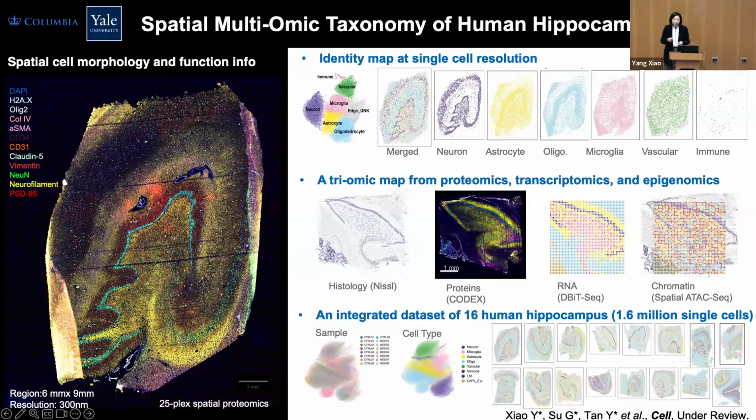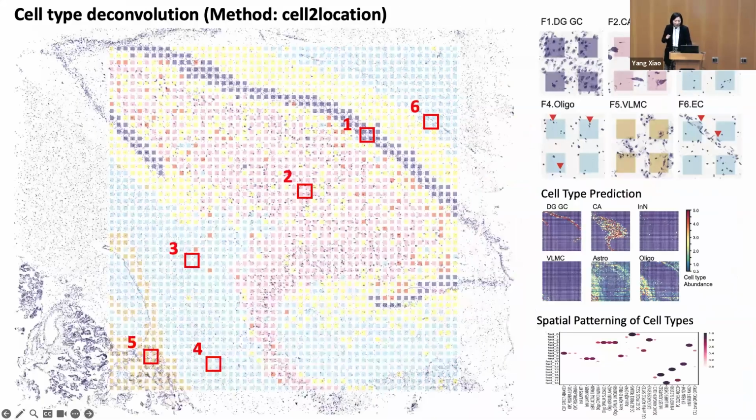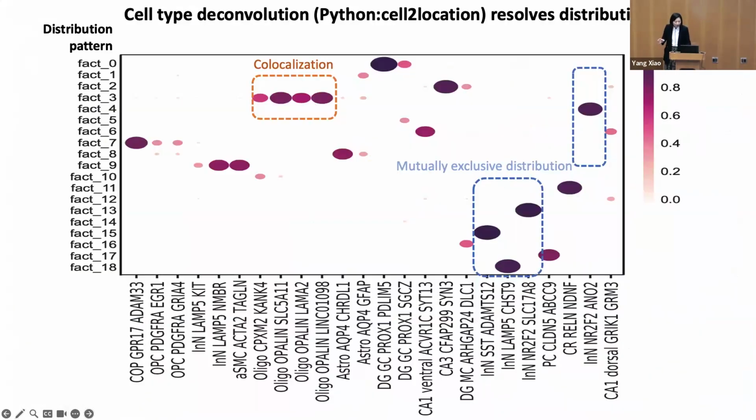And second, we're the very first group examining what happens in neuropsychiatric disease. I did not show the finding here, but what we find is that if we do cell type deconvolution for hippocampus and compare disease versus neurotypical, we actually find that the cell distribution pattern changed.